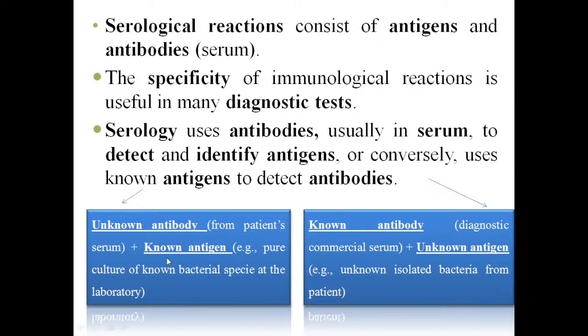For example, let's imagine that our patient has an intestinal infection, maybe typhoid fever or gastroenteritis caused by E. coli. How to identify? We should collect serum from the patient with antibodies, and take pure culture of Salmonella typhi, then pure culture of E. coli, and mix with this antibody.